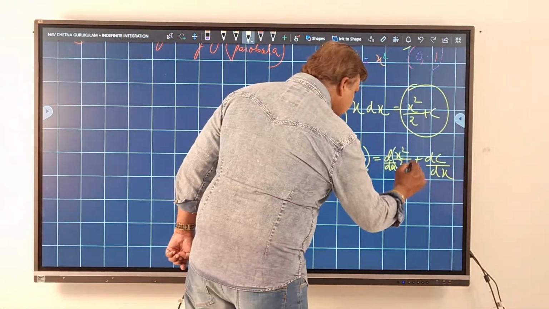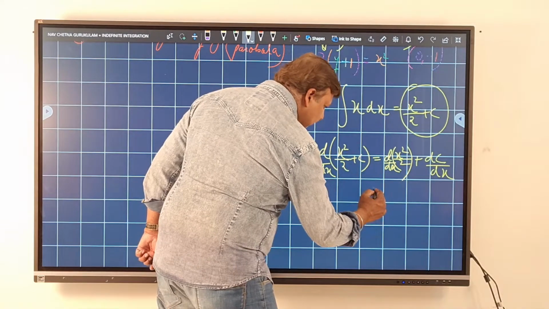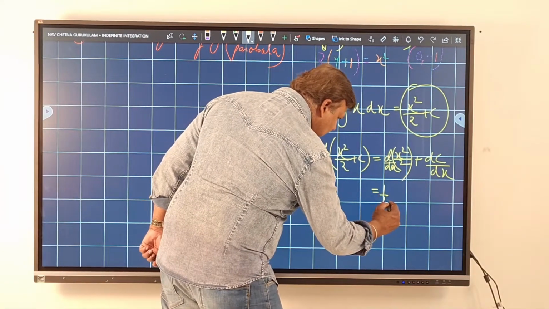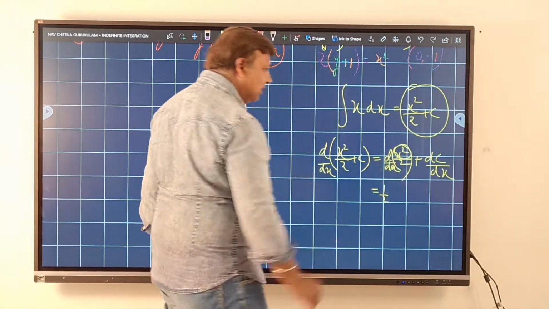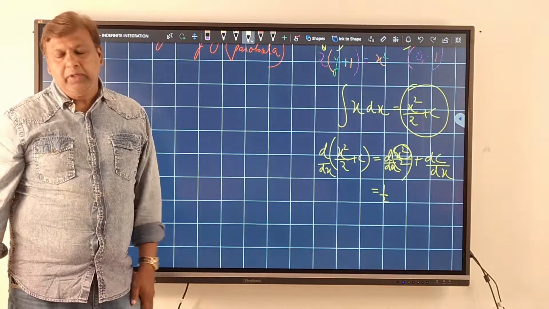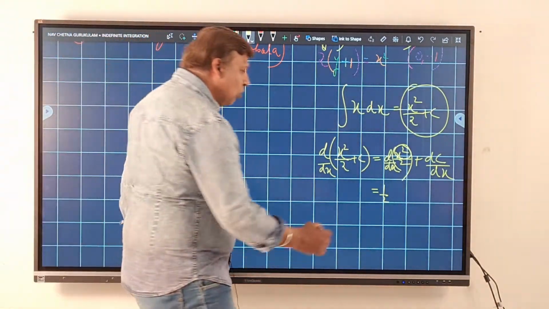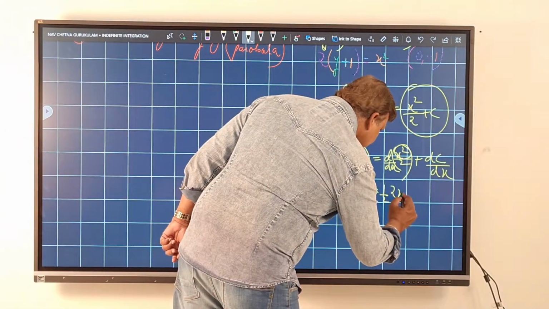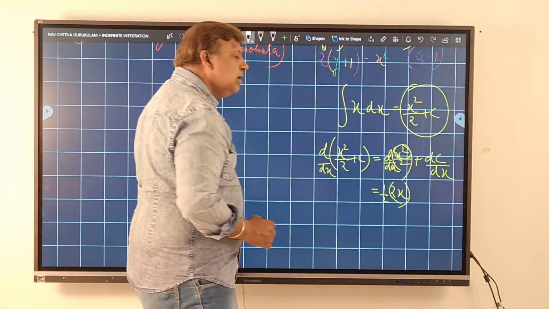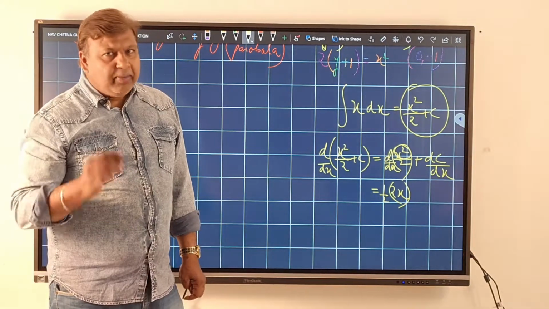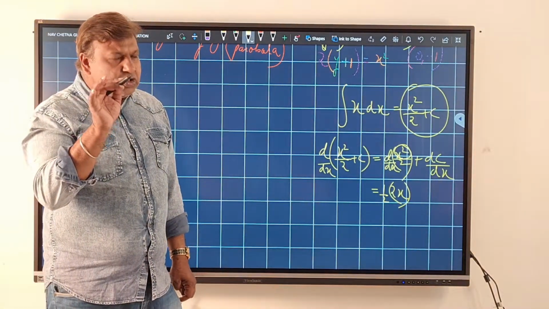Now, x squared by 2, 1 by 2 is a constant, it will come out. What would be the derivative of x squared? I hope you can make it out. Derivative of x squared is 2x. What formula are you using? Derivative of x raised to power n is nx raised to power n minus 1.